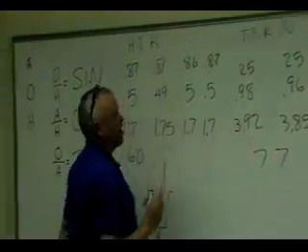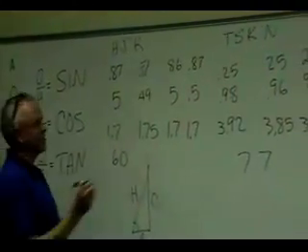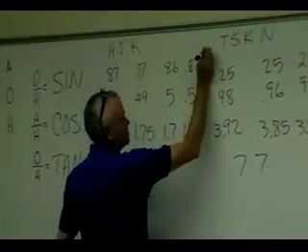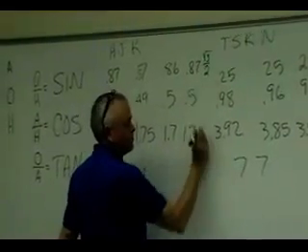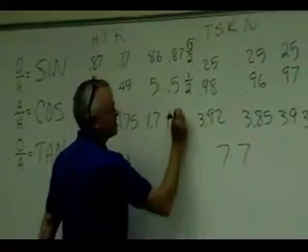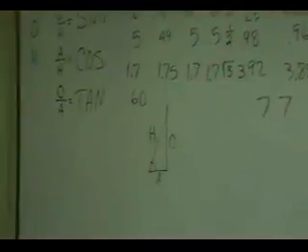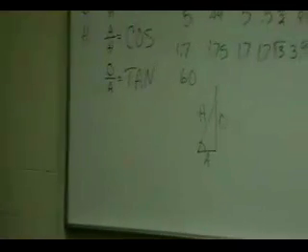Now, this group did not have those exact answers. This first one was root 3 over 2. This one was 1/2. And this one was the root of 3. Those were their three. Check it again. Do the tangent 60. What did you get? 1.73.